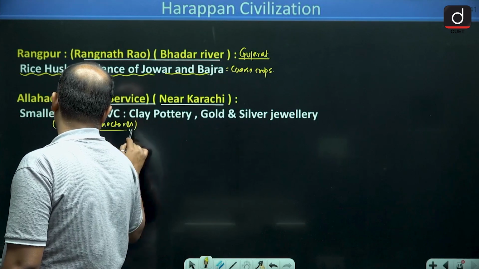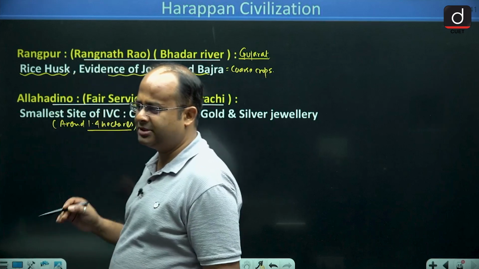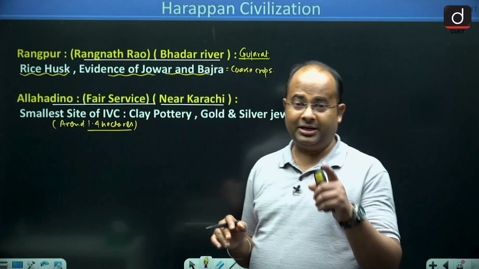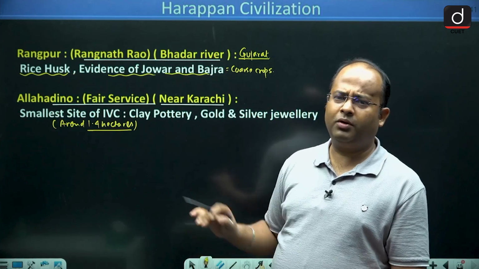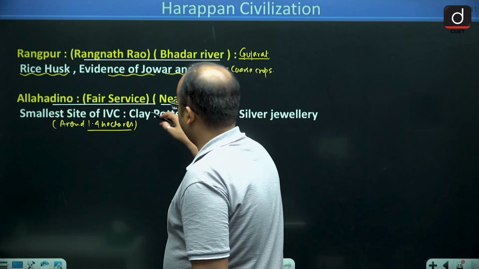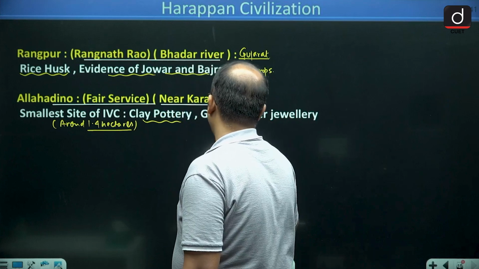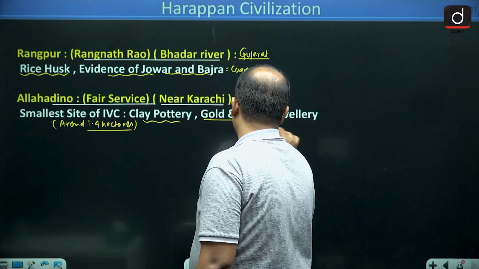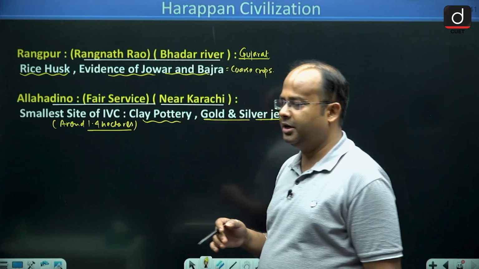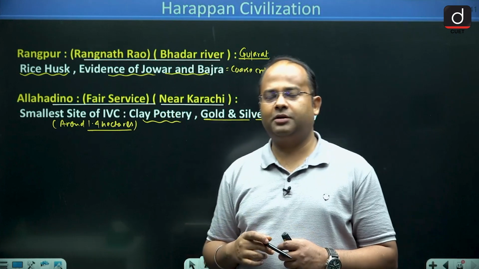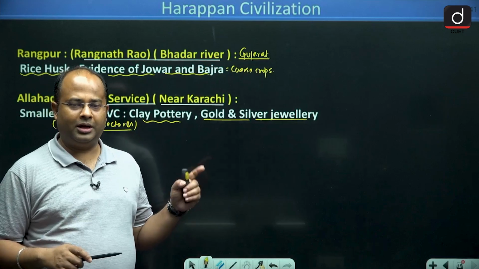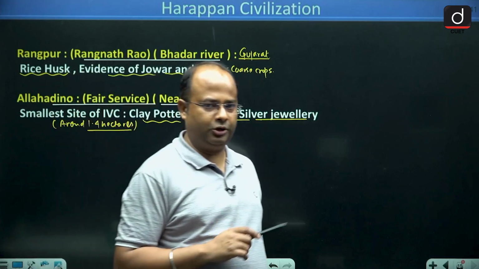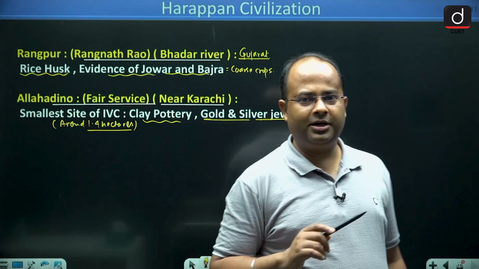Largest site is Rakhigadi, 350 hectares, and this one is around 1.4 hectares. And what we have found, clay pottery plus gold and silver jewelry. I hope it is clear to all, guys.